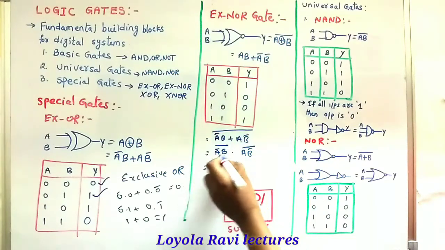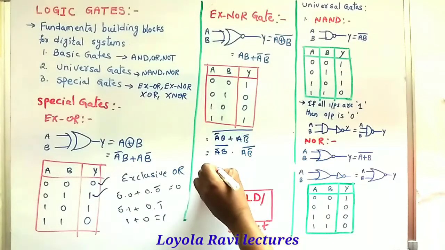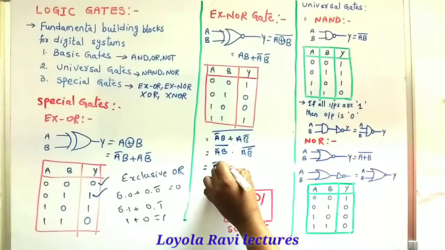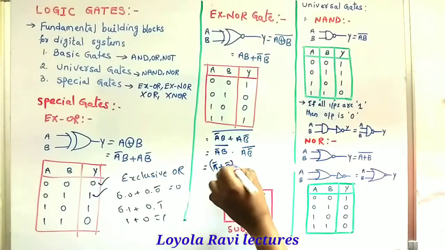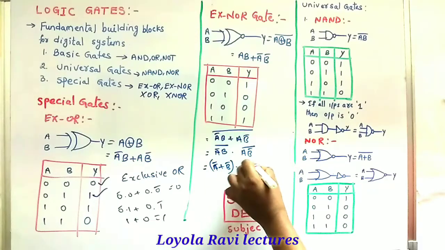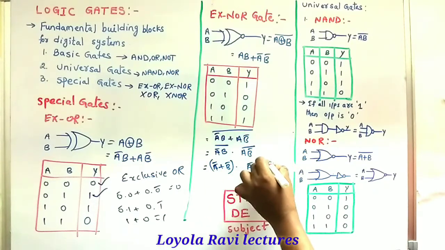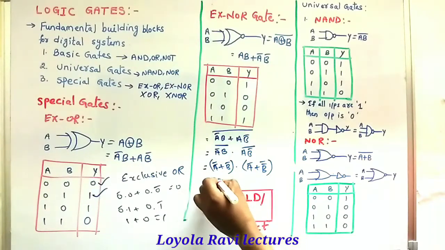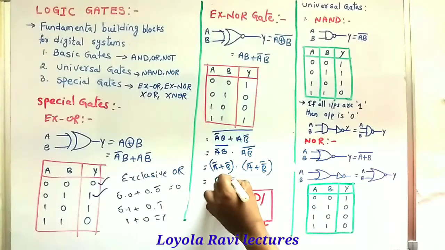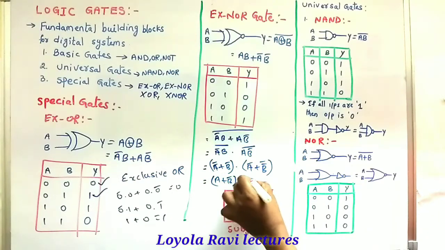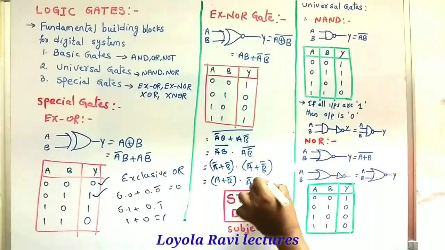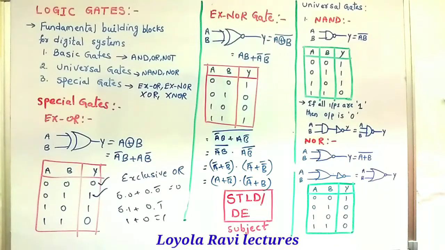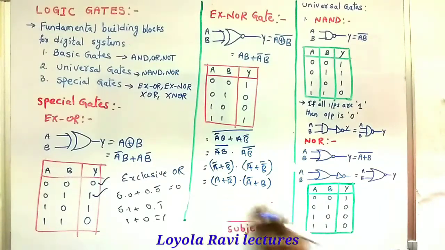Again, A into B whole bar, that is A bar plus B bar, this into as it is. Here also A bar plus B bar. Again, A bar whole bar is A, plus B bar, into A bar, plus B bar whole bar is B. B bar whole bar is B. If you multiply this, you may get the answer.